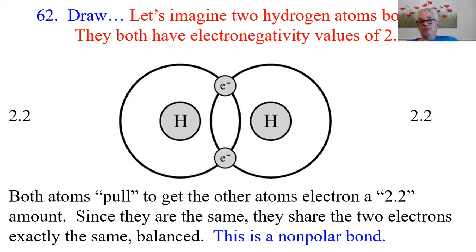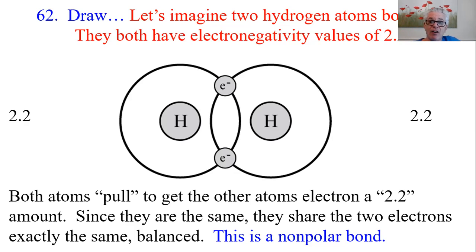And I want that electron, a 2.2 amount, and you pull also 2.2 amount. Since both of these atoms have the same electronegativity, the difference between yours and mine, 2.2 minus 2.2, is 0. There's no difference. That means we're sharing these electrons equally. When there's no difference in electronegativity, the bond is said to be balanced or nonpolar, right? Because I get the electrons half the time, you get them half the time.